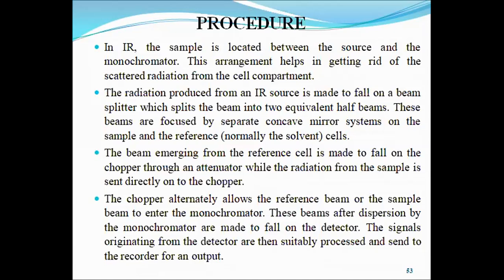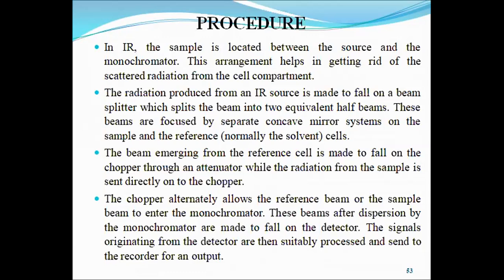The beam emerging from the reference cell is made to fall on the chopper through an attenuator, while the radiation from the sample is sent directly onto the chopper. The chopper alternately allows the reference beam or the sample beam to enter the monochromator. The beams after dispersion by the monochromator fall on the detector.